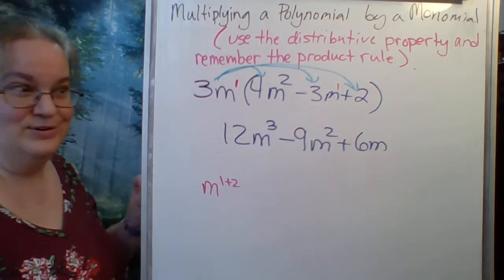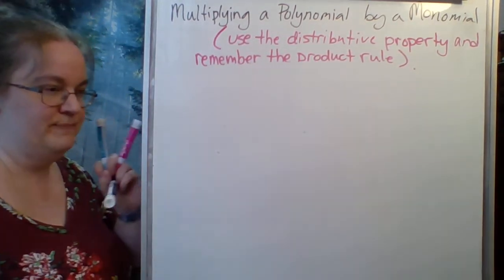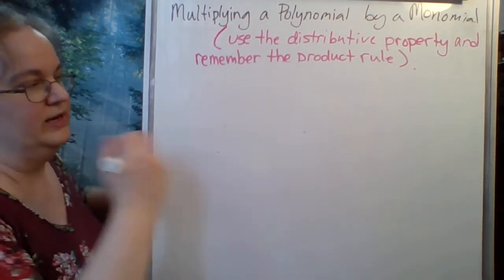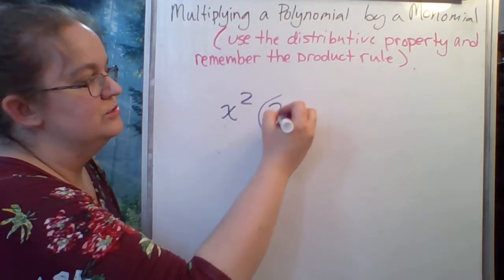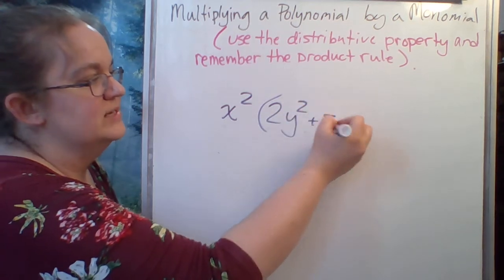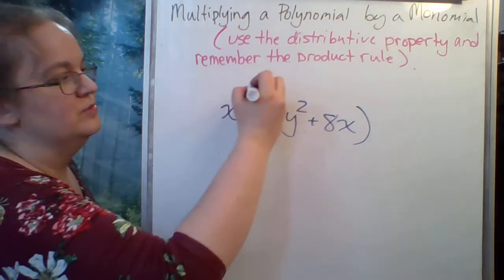Let's take a look at another example. So if I have x squared times 2y squared plus 8x. Once again, I'm going to distribute.